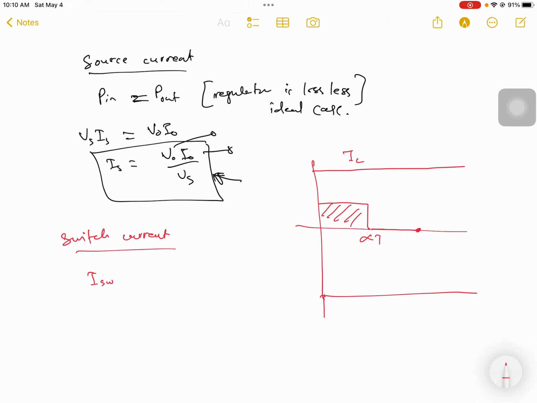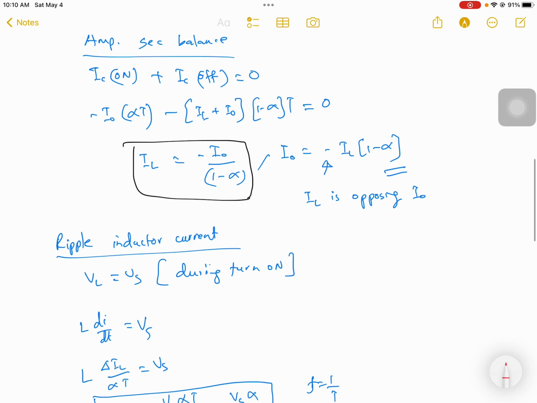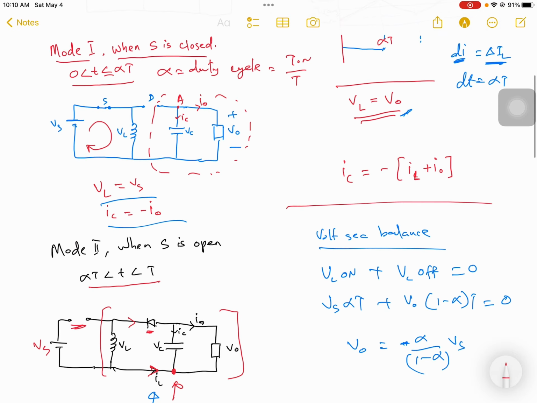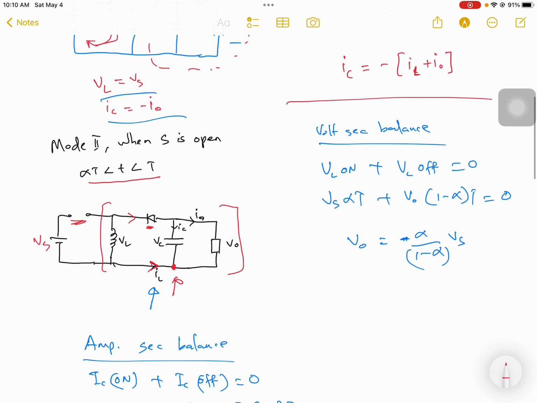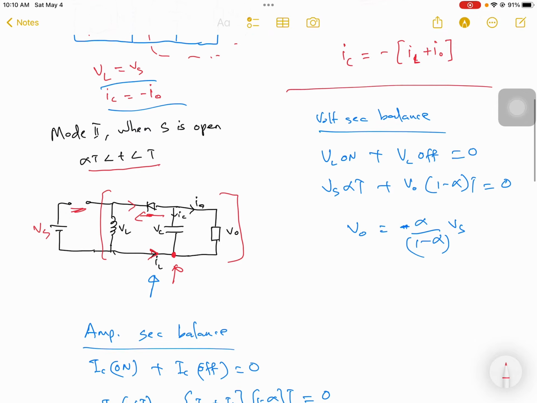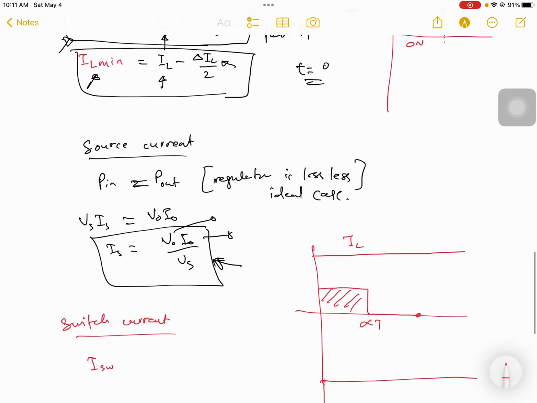And then if you look into the circuit diagram that we have discussed here, when the switch is closed, whatever the input current that we have is given through the switch. And when S is turned off, or when S is open circuit, you can see that your diode is conducting, or the diode is letting the current prevail.